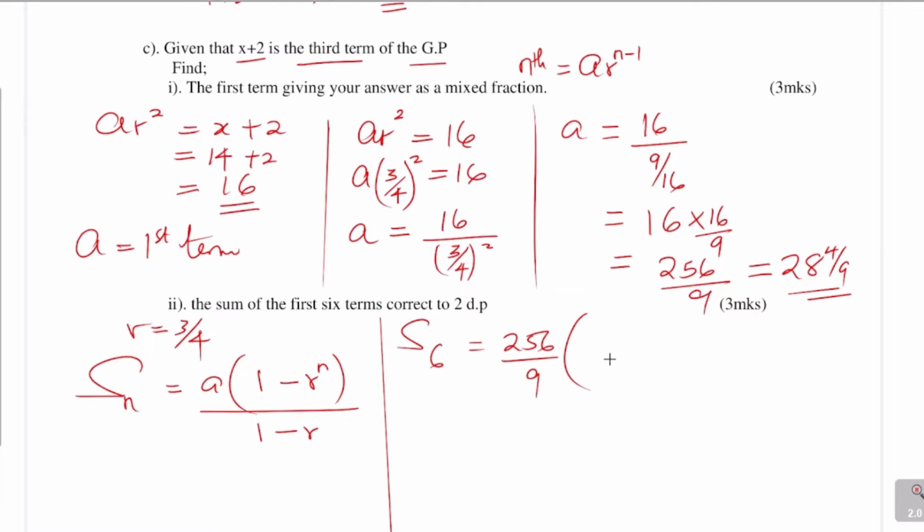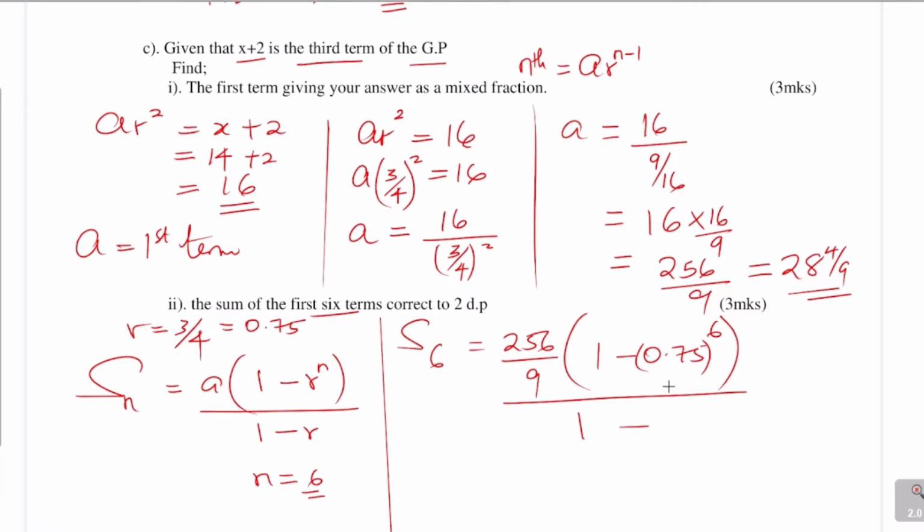Then brackets, we have 1 minus the common ratio, which is 3/4, and 3/4 is the same as 0.75. So I can write 0.75, that is 3/4. Then you raise it to, remember, if it is a sum of the first 6 terms, n is equal to 6. So n will be 6. Then you close that bracket.